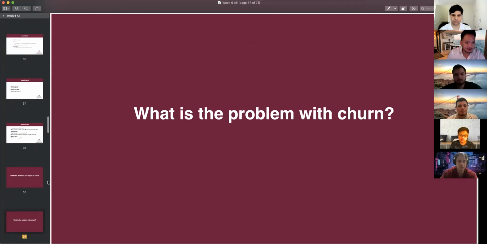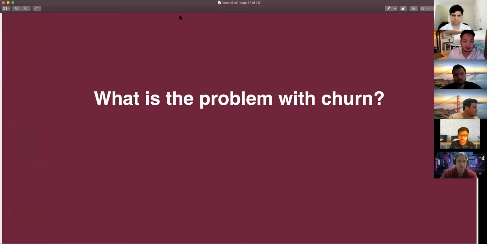So let's start with this problem here. What is the problem of calculating churn? Before we do that, what is churn? It's the opposite of retention. People that leave or stop using the product or service. Perfect.